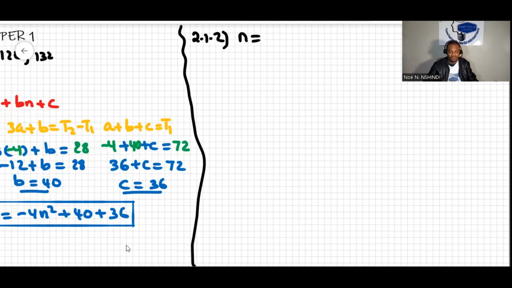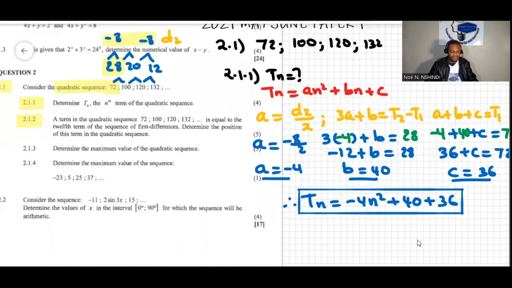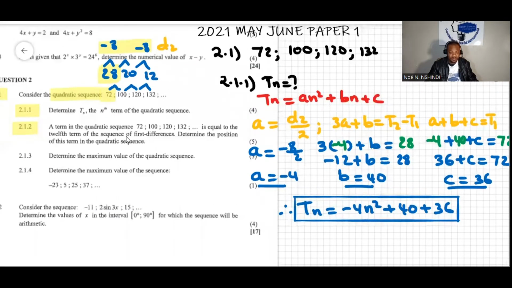Well, we need to find n such that T12 in the quadratic sequence is equal to, okay, let's read the question over again. It is said that a term in the quadratic sequence is equal to the 12th term of the sequence of the first differences. So we need to find that term now.